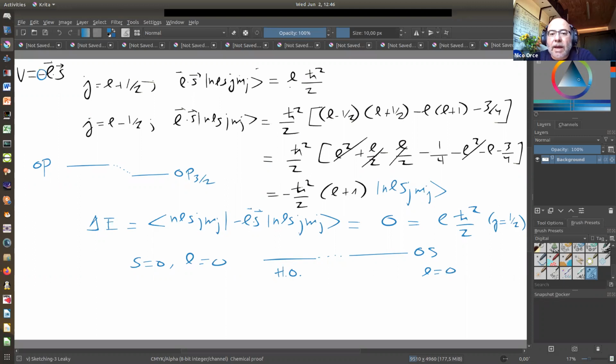So this level will come down by a difference given by l h bar square over 2, where l is equal to 1, right? And there will be a going up here, which in this particular case will be minus, plus, h bar square, 1 plus 1 over 2. So basically there will be an increase of h bar square for the 0p 1/2.